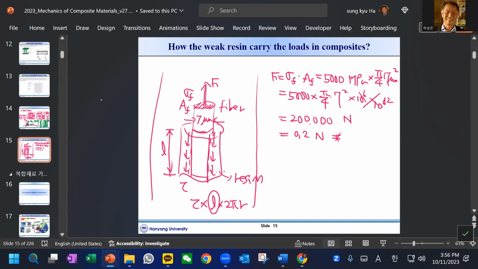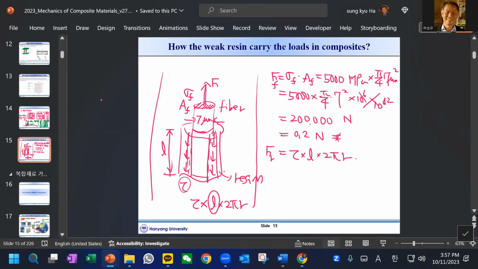So trying to say that this is the fiber load, but for the resin it is the tau times the L times 2 pi r. Okay, so since this is the resin system, the tau is the shear stress.